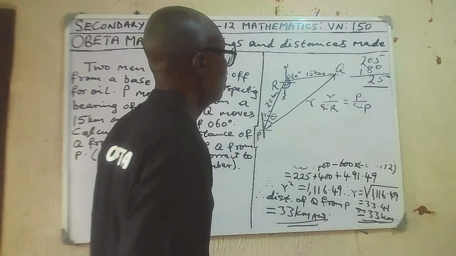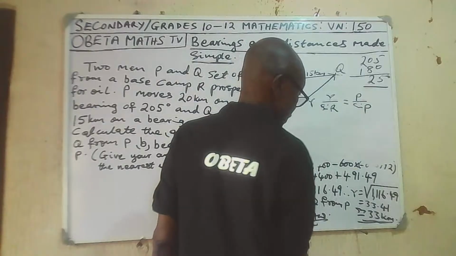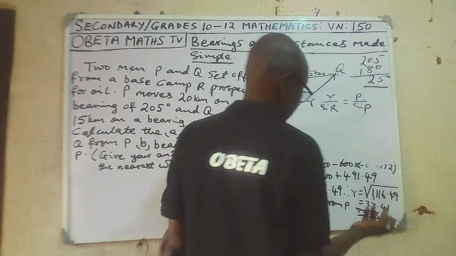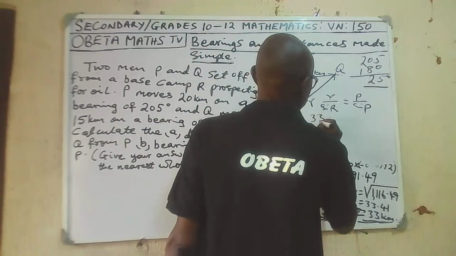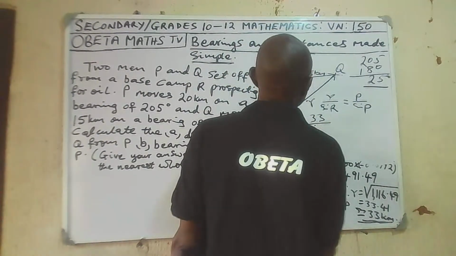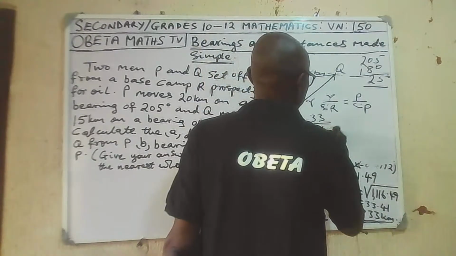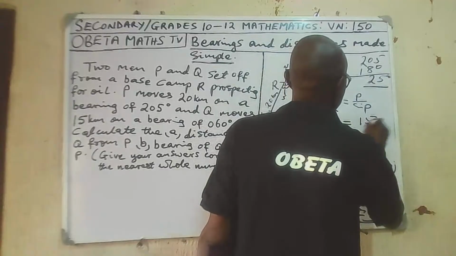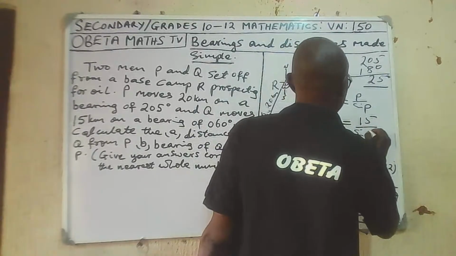We are looking for theta. R is 33, so that means 33 over sine 145 is equal to 15 all over sine P.